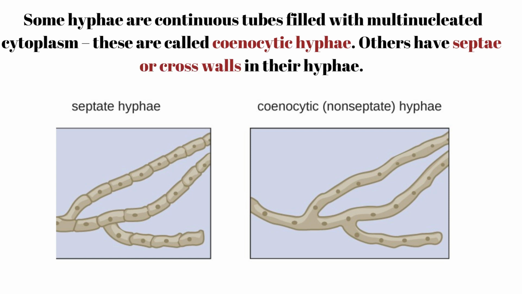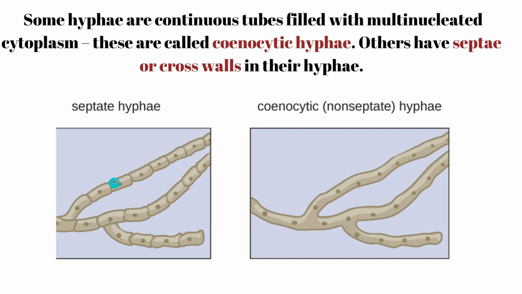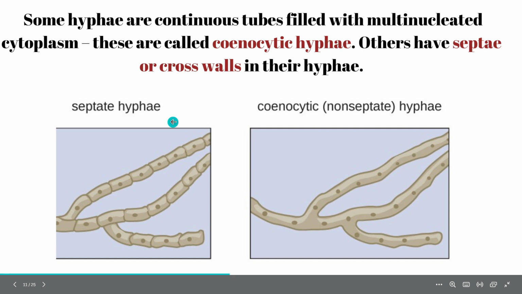Some hyphae are continuous tubes filled with multinucleated cytoplasm. These are called coenocytic hyphae. Here you can see it is continuous without any wall within the hyphae, whereas others have a wall which separates the nucleus between two cells, and such mycelium or hyphae are called septate hyphae.